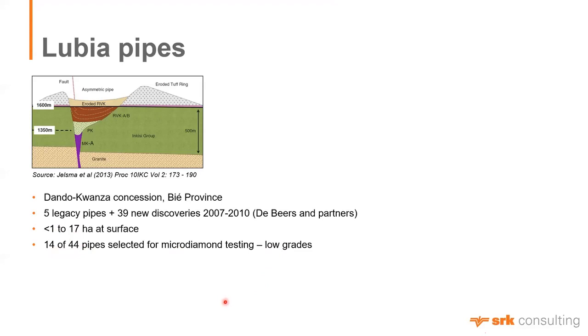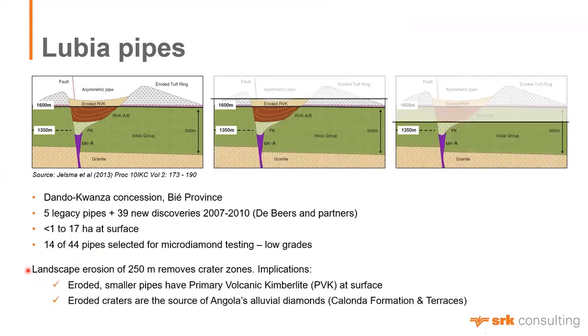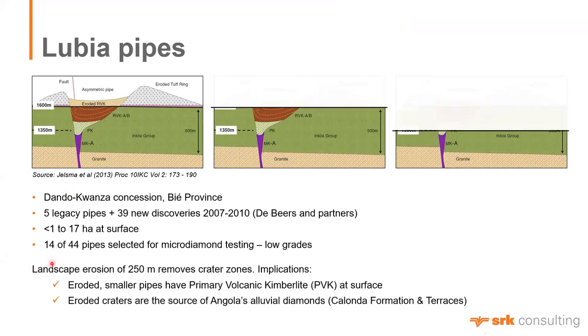But the interesting part of their publication is they indicated 2 levels of erosion within the pipes that they did discover. And so diagrammatically, this is what that looks like. Soon after eruption of the kimberlite, you erode off this tuff ring, and then you're left with this brown stuff, which, guess what?